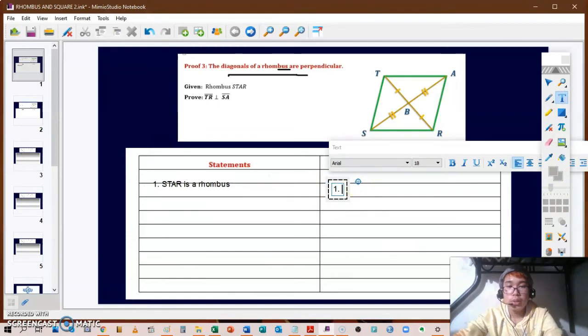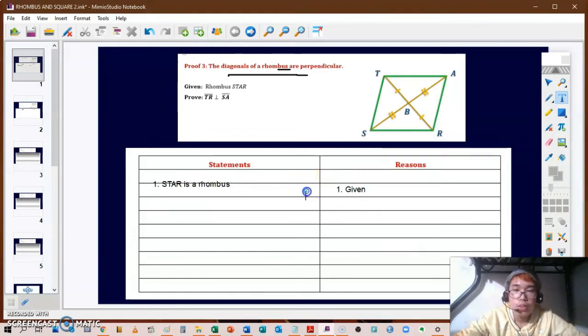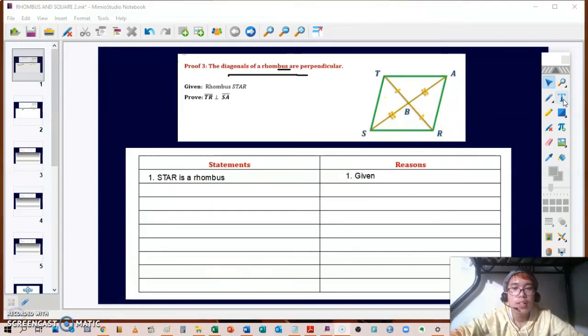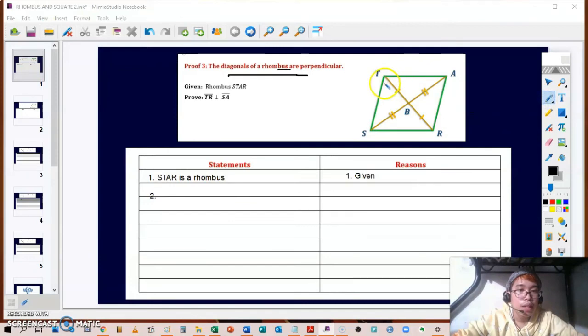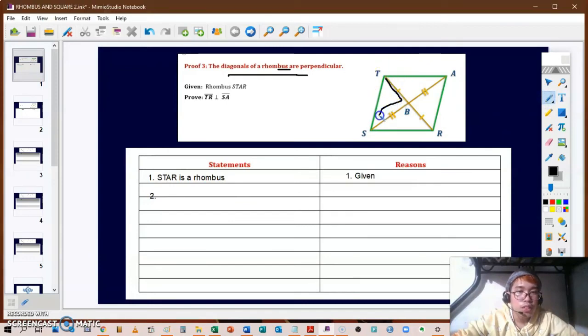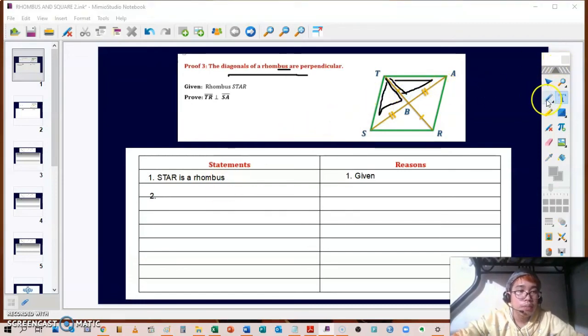For number 2, if you see line segment TB, our plan is to prove first that these two triangles can be congruent to each other. Line segment TB is congruent to itself.